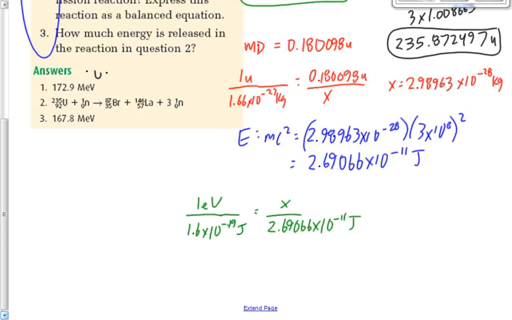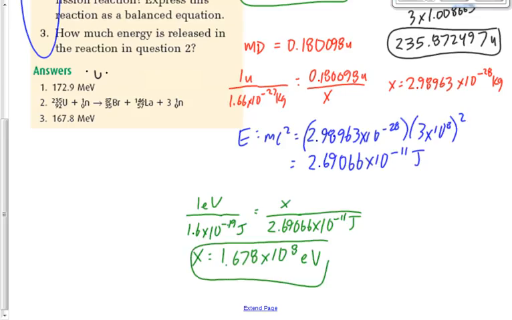And I'm going to say that X is going to equal 1.678 times 10 to the, what is that? Is that right? Which is 167.8 mega electron volts. Okay.